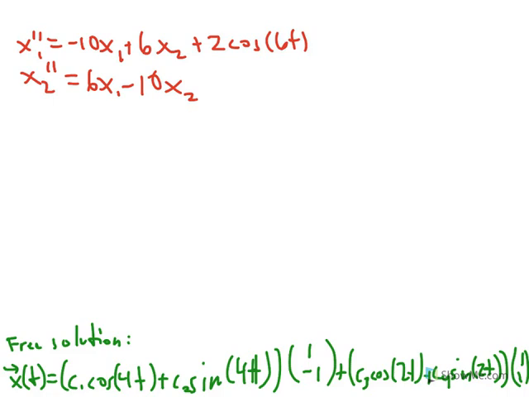Now, to find the particular solution, the first thing we do is to assume that our solution is of the form x1 and x2 are equal to two arbitrary constants, c5 and c6, times cosine of 6t to match our forcing frequency.